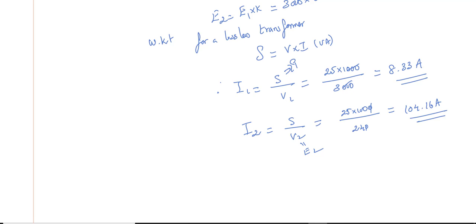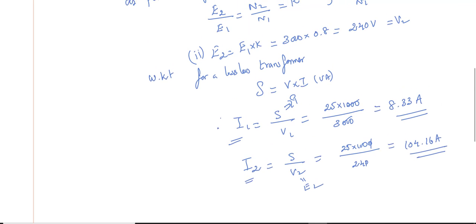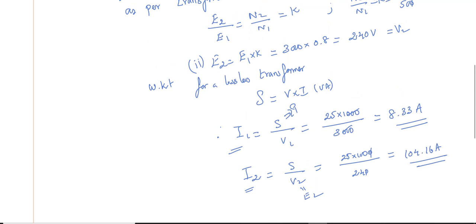So, this is the corresponding primary and secondary current, the first answer. We have already found out the secondary induced EMF also, which is the second answer. So, 240 volt will be the secondary induced EMF.